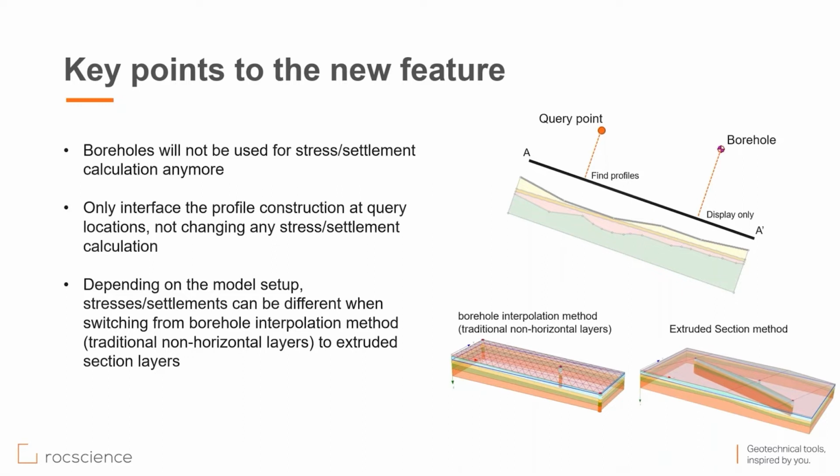So this totally depends on the engineering judgment and the project requirements to decide whether you should go with borehole interpolation or extruded section. And we suggest applying this layer option when the soil layering significantly varies in one direction, while in the other direction, it varies a little or even remains the same.